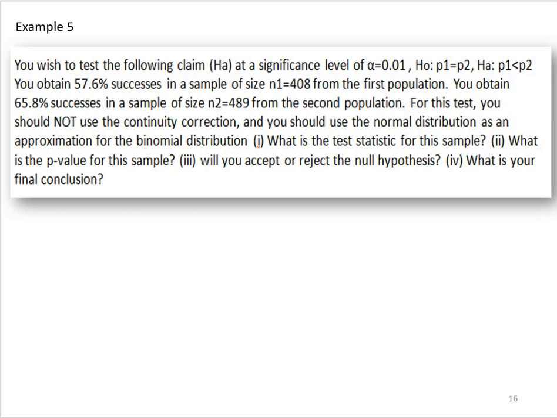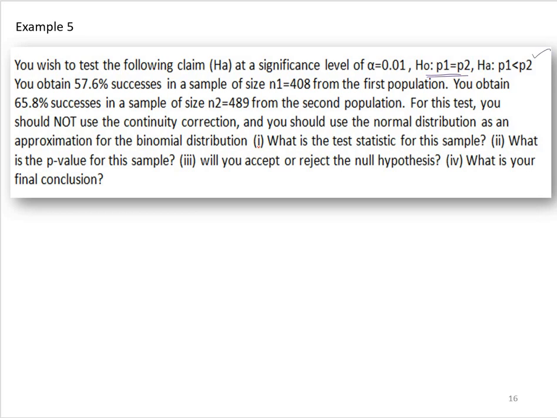Number 5. You wish to test the following claim, at a significance level alpha equal to 0.01. H0 means the null hypothesis, that is P1 is equal to P2. Usually we take the null hypothesis that way. The alternative hypothesis is given as P1 less than P2.